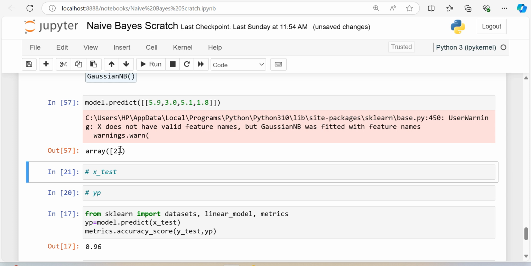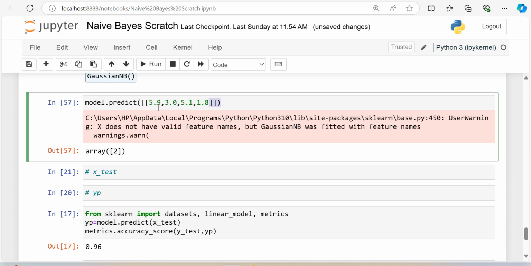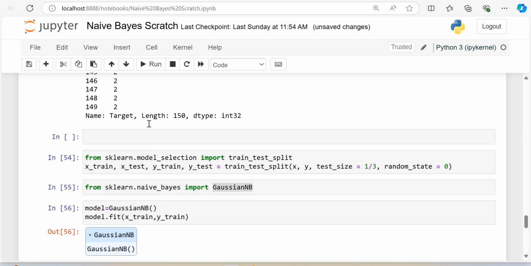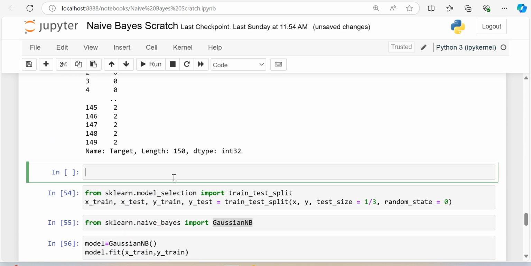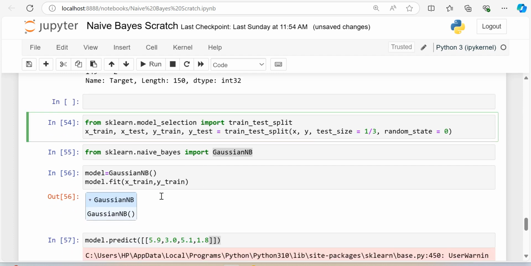Here you can see I'm getting class 2. For similar data, we got class 2 above, and we are also getting class 2 here. So if you are using this particular library, GaussianNB, which we just import from sklearn, you don't need to write all the probability code, and even if you don't know how to calculate the probability, you are able to apply Gaussian naive Bayes, right?